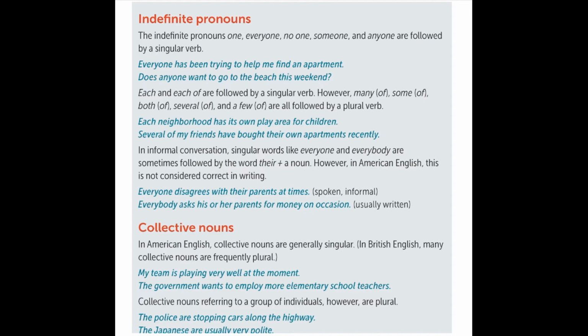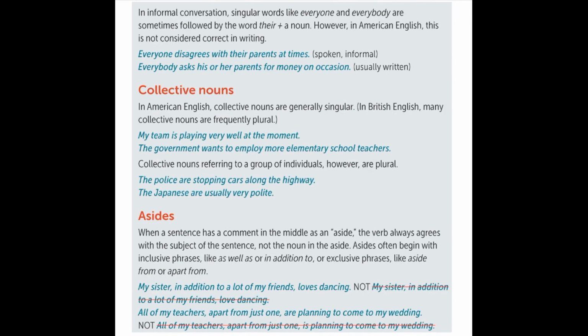What about the asides? When a sentence has a comment in the middle as an aside, the verb always agrees with the subject of the sentence, not the noun in the aside. Alright? Asides often begin with inclusive phrases like as well as, or in addition to, or exclusive phrases like aside from or apart from.